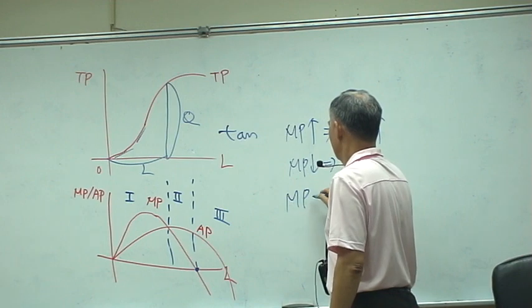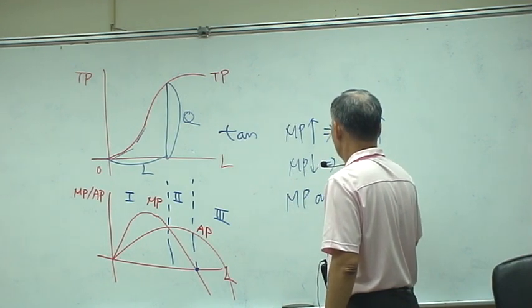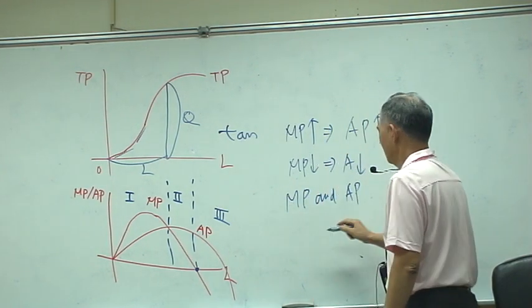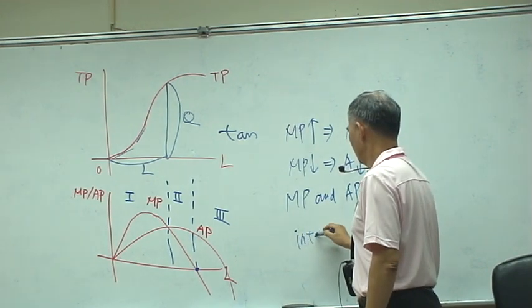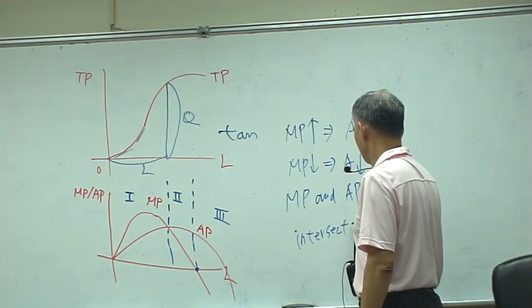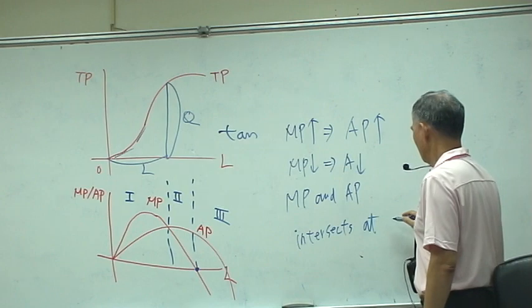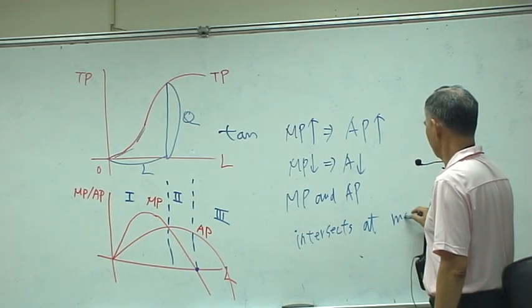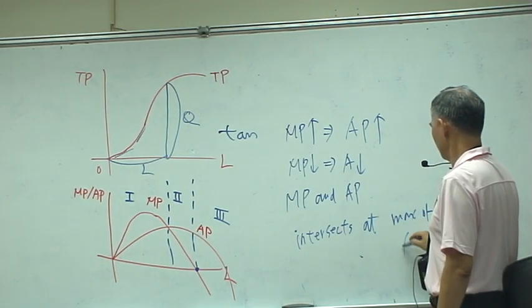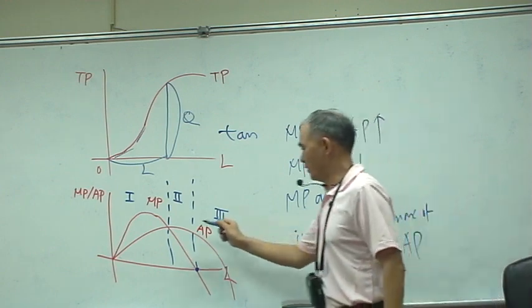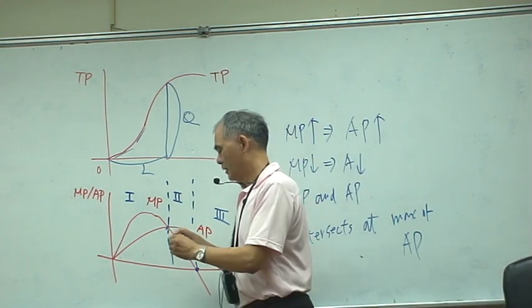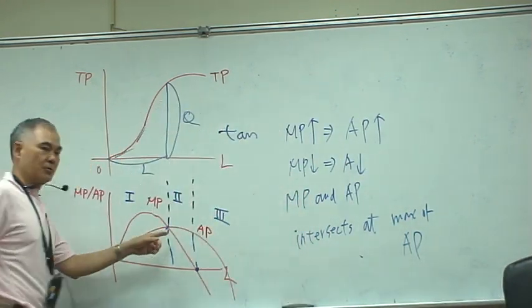MP and AP intersect at the max of AP. So this point is the maximum of average product.